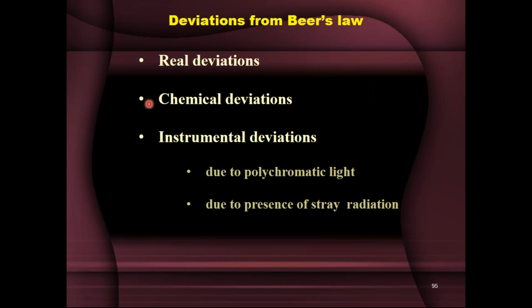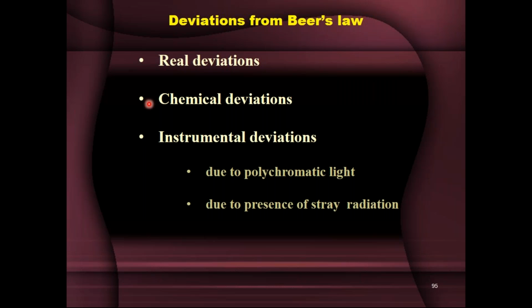Okay, so deviations from Beer's law could be of three types. The first one is called real deviations, because these are fundamental deviations. You cannot eliminate these. You can only work within the limitations.